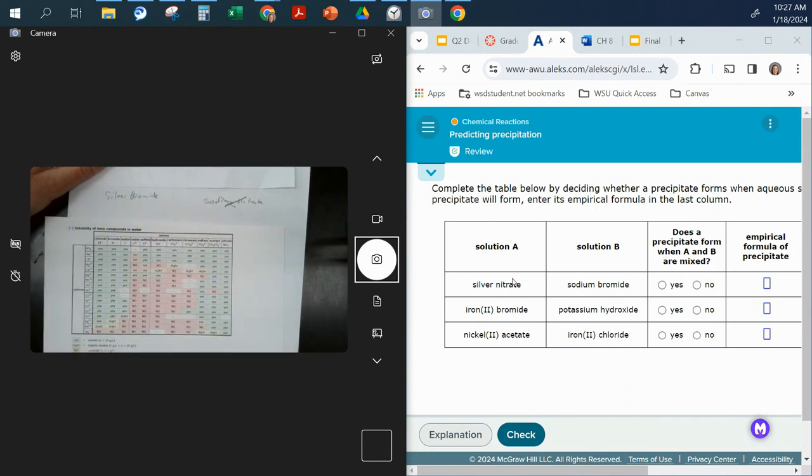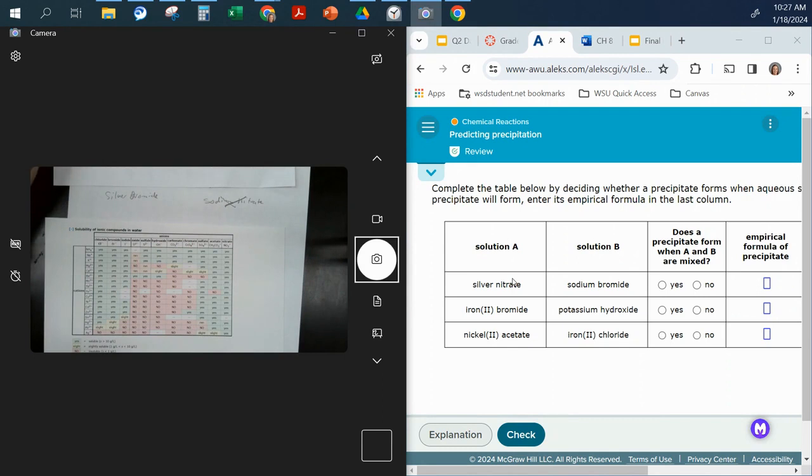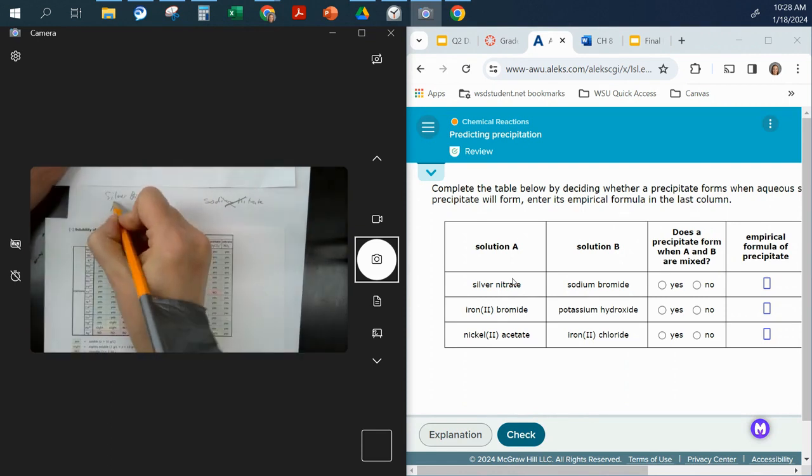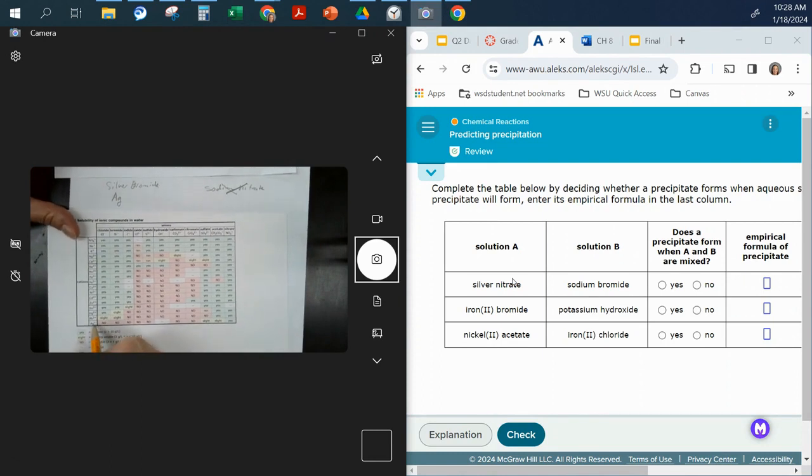And then, let's see, we're looking for silver bromide. What's the atomic symbol for silver? Do we know? Yeah, good, thanks. Ag. So that's at the bottom here. Oh, silver forms lots of precipitates.